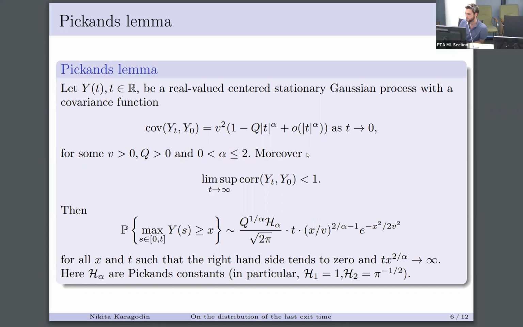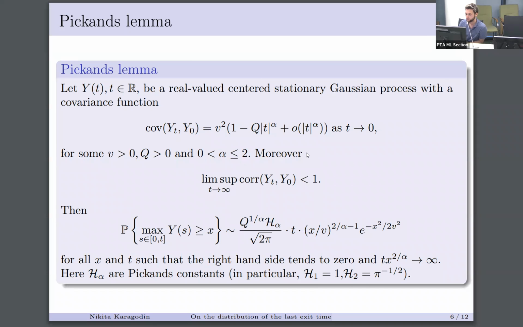And then you also can handle, so Pickands' lemma shows you that you can find asymptotically the distribution of a maximum of your process over an interval.